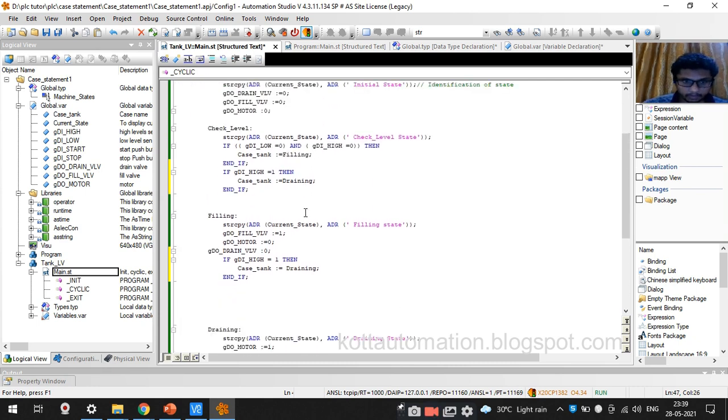Okay. Now we have to write one more logic for the stop push button and the start push button.